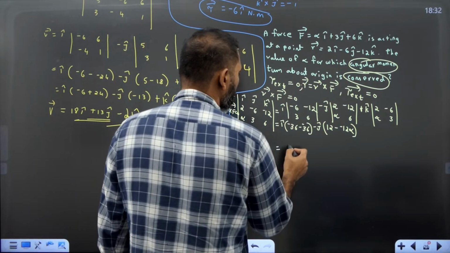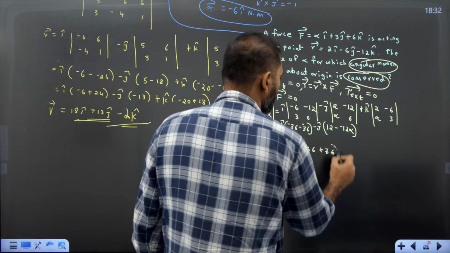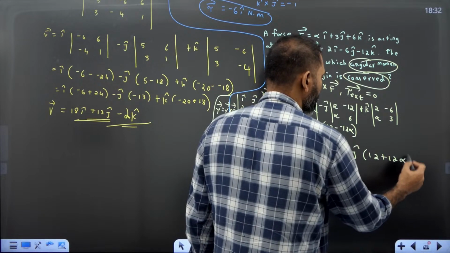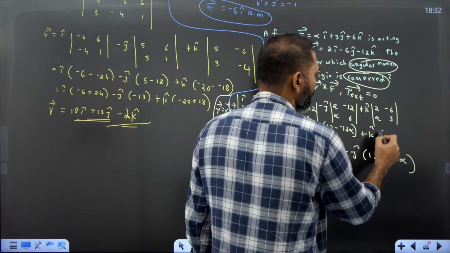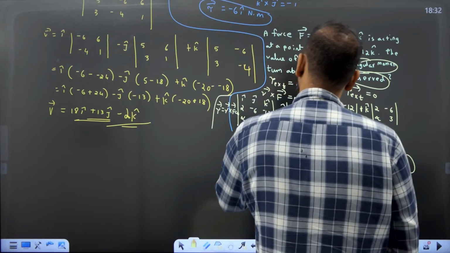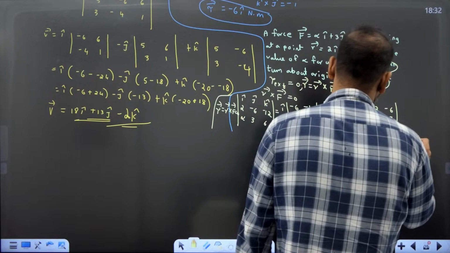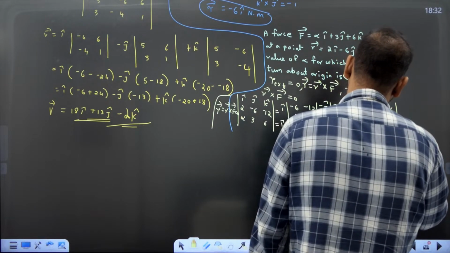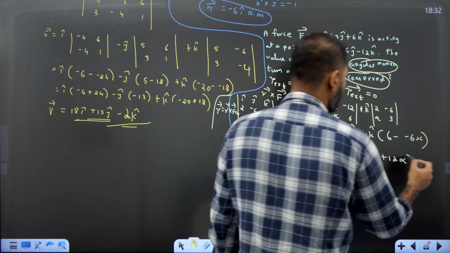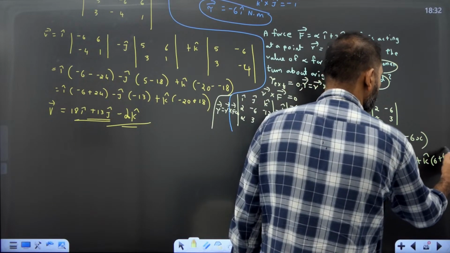So that is I cap into minus 36 plus 36, minus j cap into 12 plus 12 alpha, plus k cap into 6 minus minus 6 alpha, that is 6 plus 6 alpha.